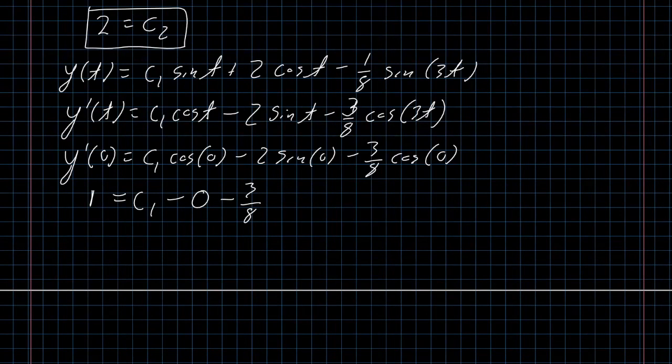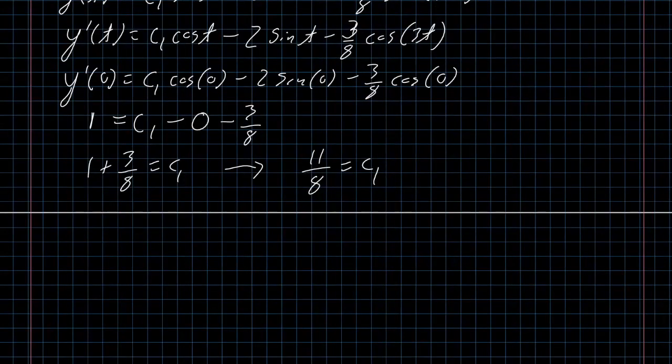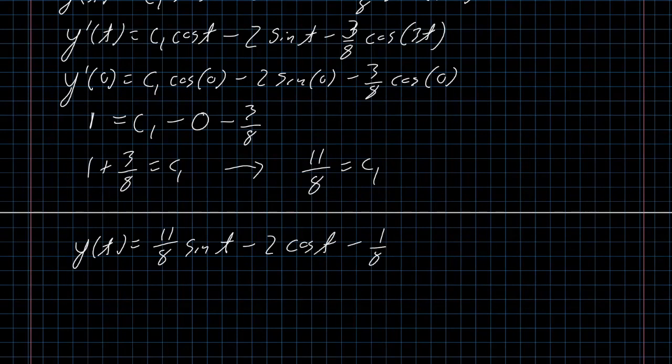All right, I get that 1 plus 3/8 is the value of C1, and of course 1 plus 3/8 is 11/8. So plugging that into my general solution here, I get that y of t is 11/8 times the sine of t minus 2 times the cosine of t minus 1/8 times the sine of 3t.